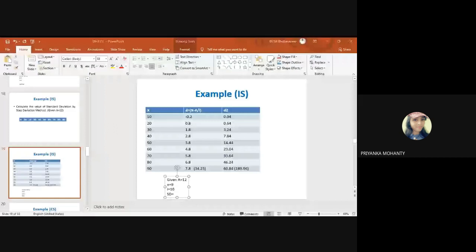Next, Pritam Yadav, Priyanka Mahanti, 25.80. Rasmi Hambram, just a second. Just hold a second.